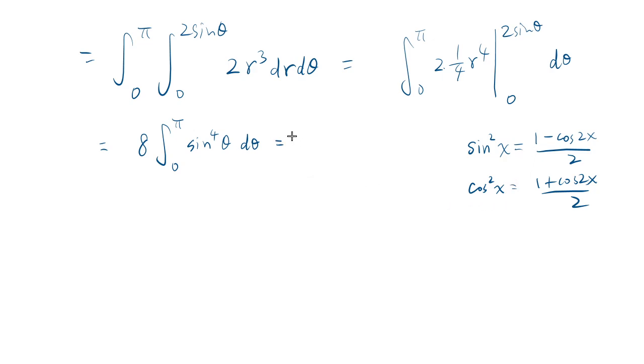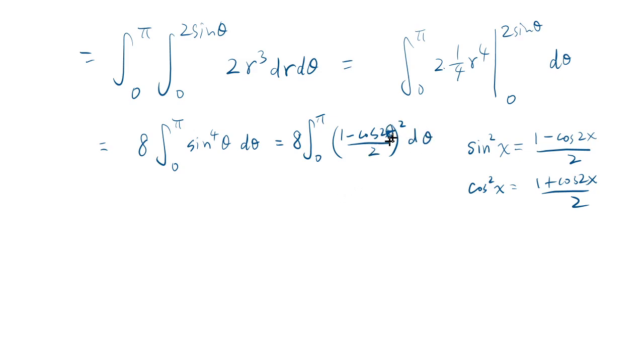Okay. So you have this, which is 8 times integral from 0 to pi. You rewrite this as sine squared, squared. So you get 1 minus cosine 2 theta over 2 squared, d theta.